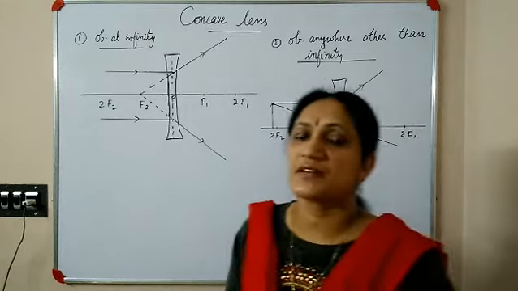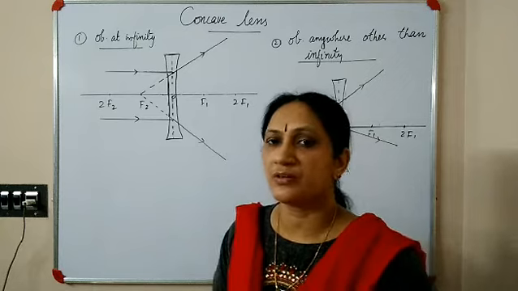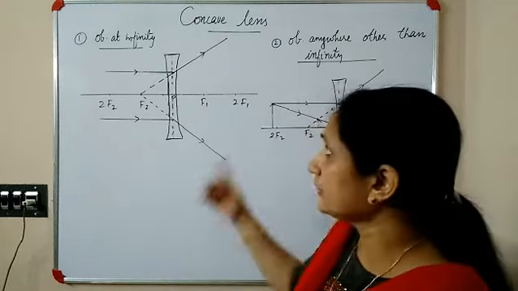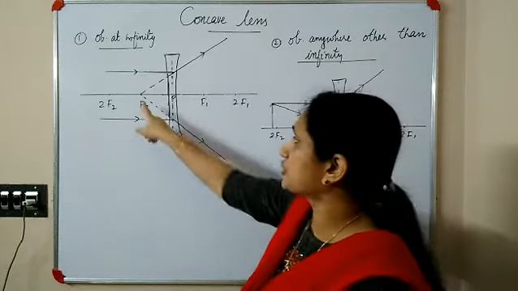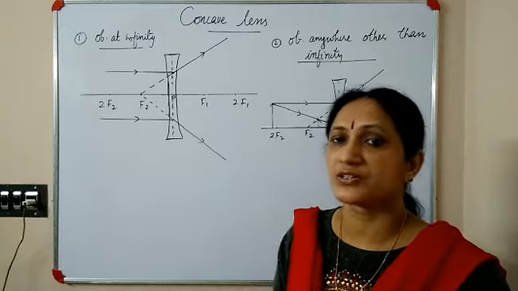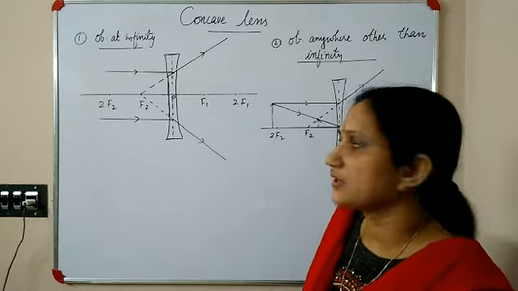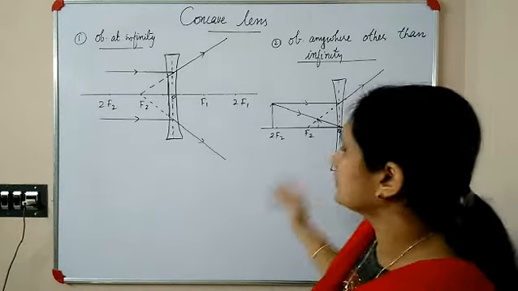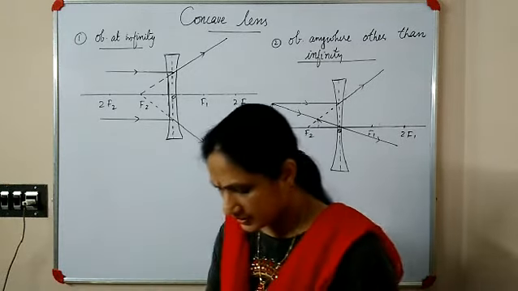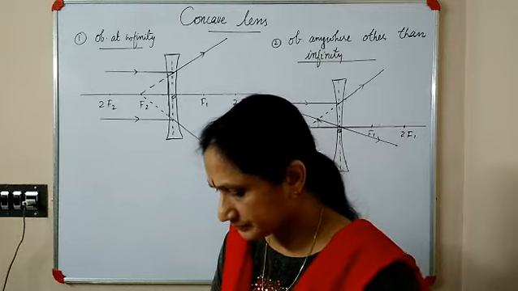In convex lens, both real and virtual images are formed, and in concave lens, only virtual image forms. In both cases, the virtual image is forming and diminished also. Okay, so these are the different cases of image formation in convex and concave lens.